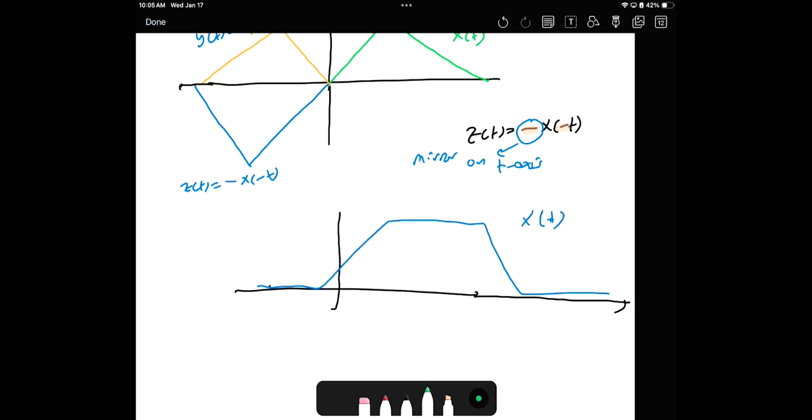To do this, you need to mirror the waveform. So basically, it will be like this. Okay?